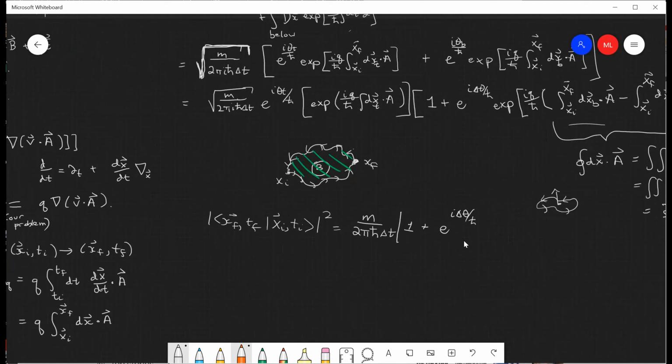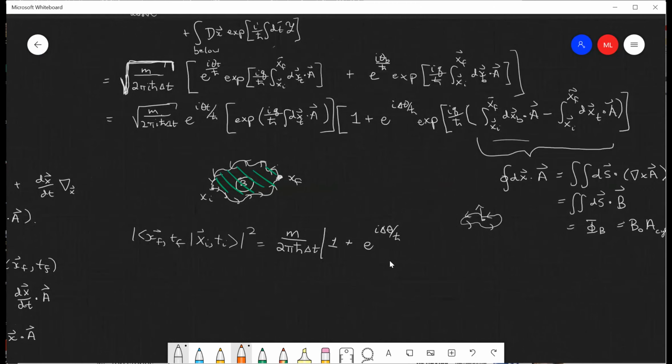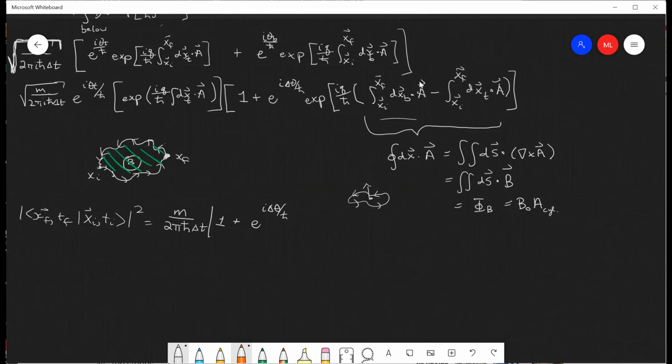What does that do? The point is that we just found that this whole thing contributes a factor to this part. And what is it?